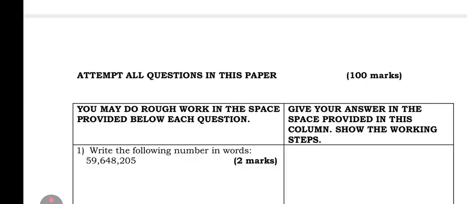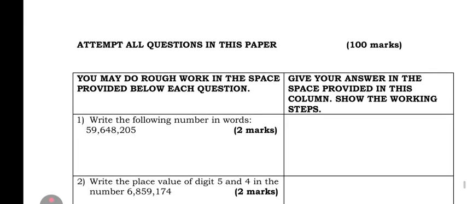Here we have the question paper, and after seeing the questions that comprise it, I will show you the respective answers from question 1 up to the last question. This is question number 1.